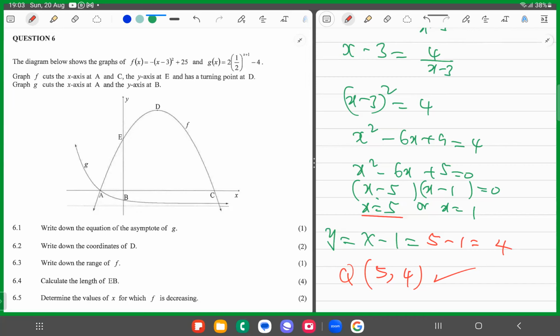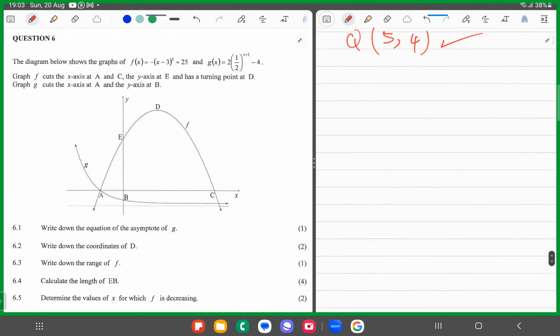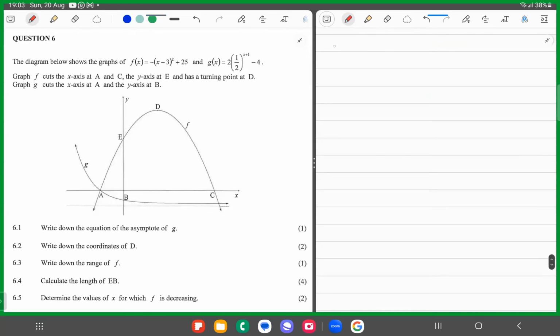Right, question 6 is next. We are looking at more graphs and functions. 6.1. The diagram below shows the graphs of f and g.